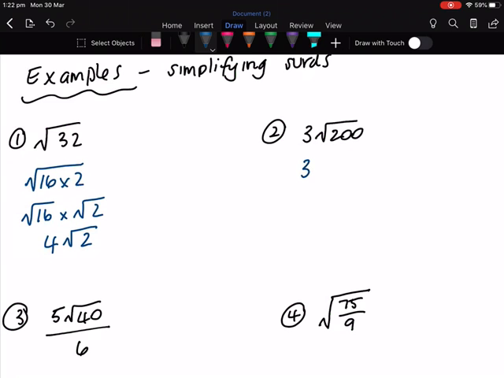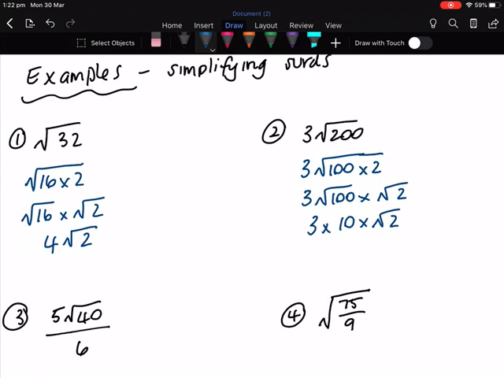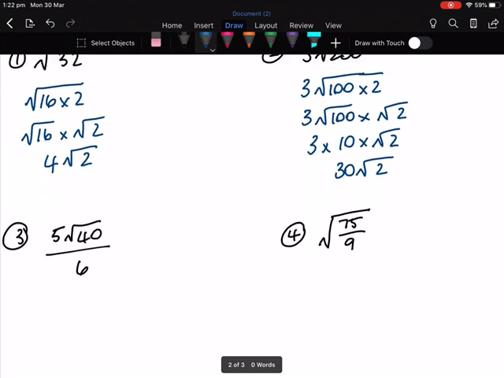So if I do 3 times the square root of 100 times 2, that becomes 3 times the square root of 100 times the square root of 2, which is 3 times 10 times the square root of 2, which becomes 30 root 2. Now, you don't need to do all that working out. I'm just putting it all down there so you can see it.